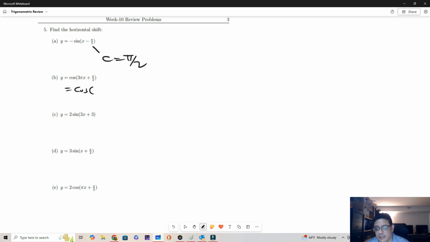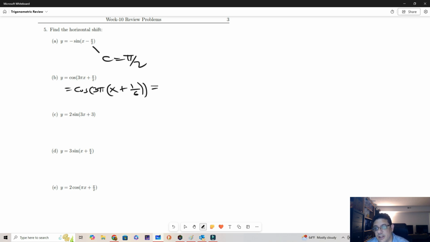So notice that we need to factor out 3 pi, and so if we factor 3 pi, we get an x here. But from here, factoring this pi is going to leave me there, but factoring a 3 that I don't have is going to mean that I'm going to have 1 over 6 over here. And so far this is cosine of 3 pi times x plus 1 over 6.